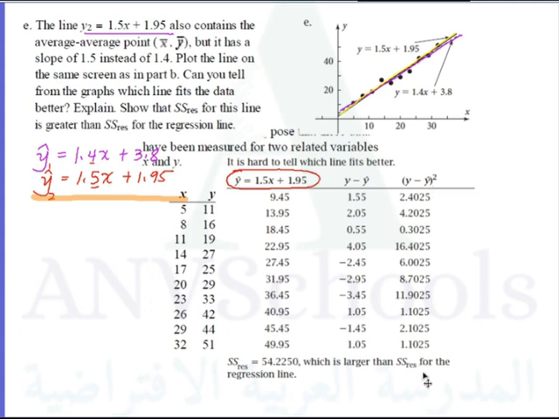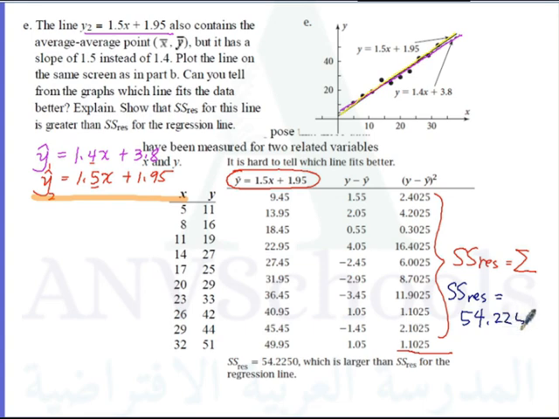Now look at this SS res. The SS res is just computing the squares of the residuals. So SS res is equal to the summation of all the values in this column, and in this case, this will give us 54.2250, which is also indicated here, which is larger than SS res for the regression line.